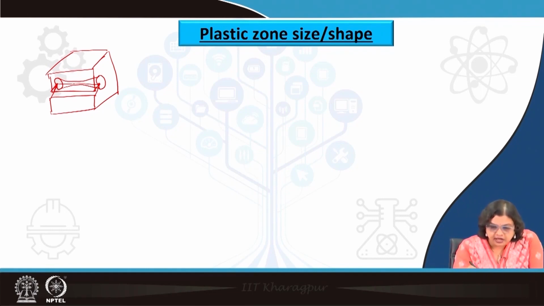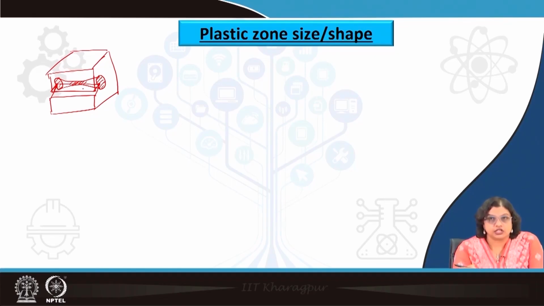So, basically near to the center of the specimen, the plastic zone size will be kind of squeezed, whereas it will expand near to the edges or near to the free surfaces. Why? Because near the free surfaces the stress along this z direction will be 0. So, that will lead to maximum strain at this condition.